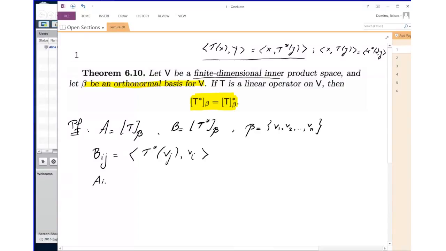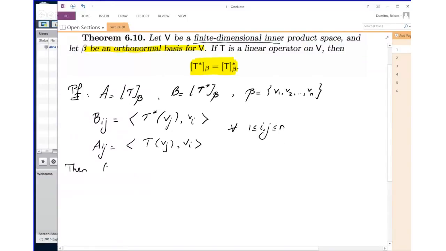And Aij, because it represents the entries of the matrix of T, will be T of Vj, inner product with Vi, for any two i and j between 1 and n.